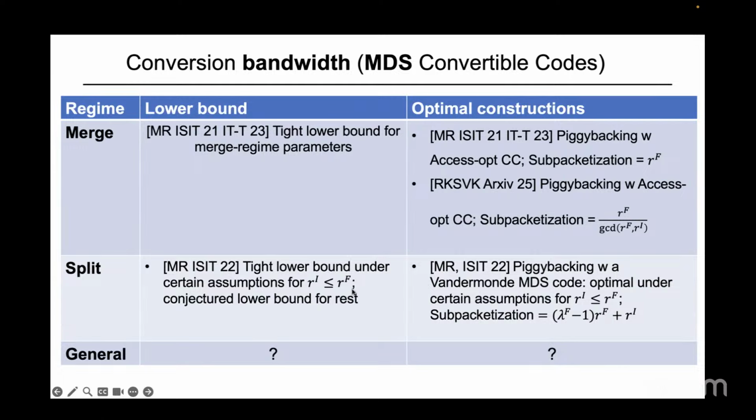And for the rest of the parameters, it was only a conjectured lower bound. So it was not known whether that lower bound is achievable or not. Similarly, the construction for the split regime used the piggybacking framework, but again, optimal only for certain assumptions. And since split is open, general regime conversions are open for conversion bandwidth.